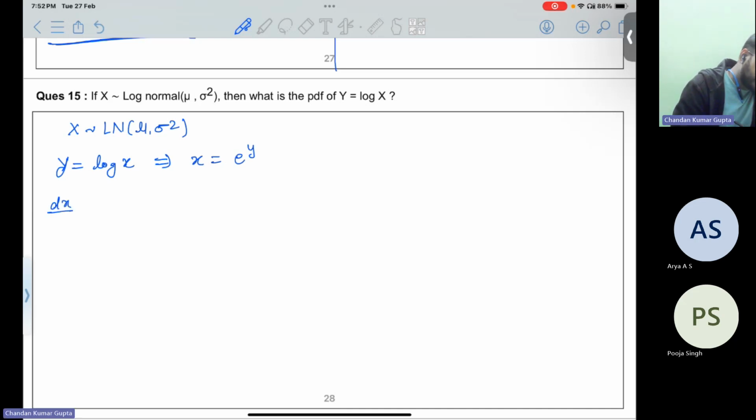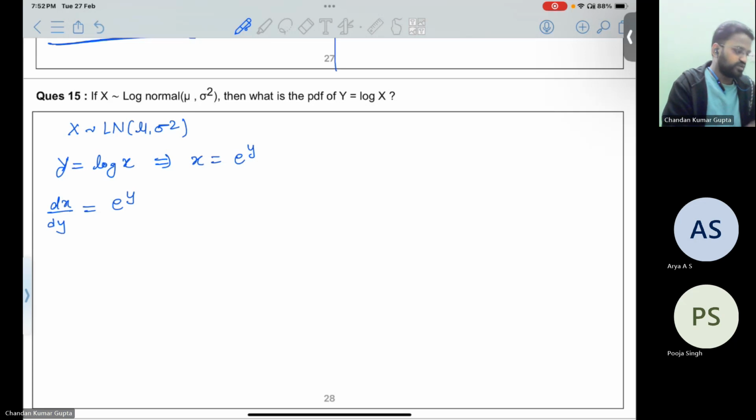Since y equals log x, log x is differentiable and it is monotonic, either non-decreasing or non-increasing. So both conditions are satisfied. So dx upon dy equals e to the power y.